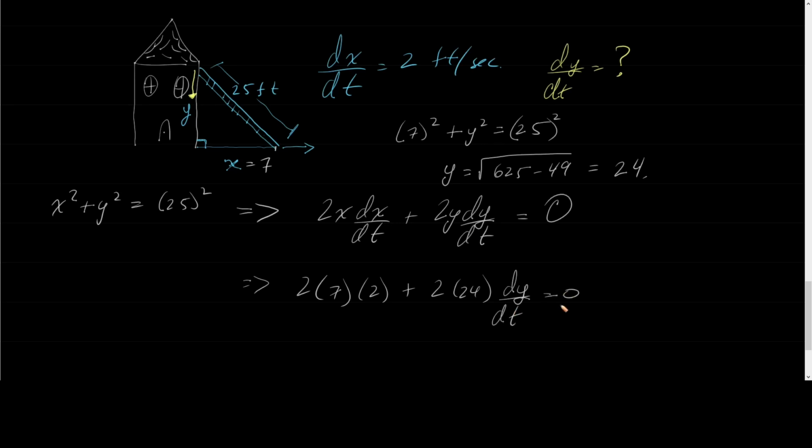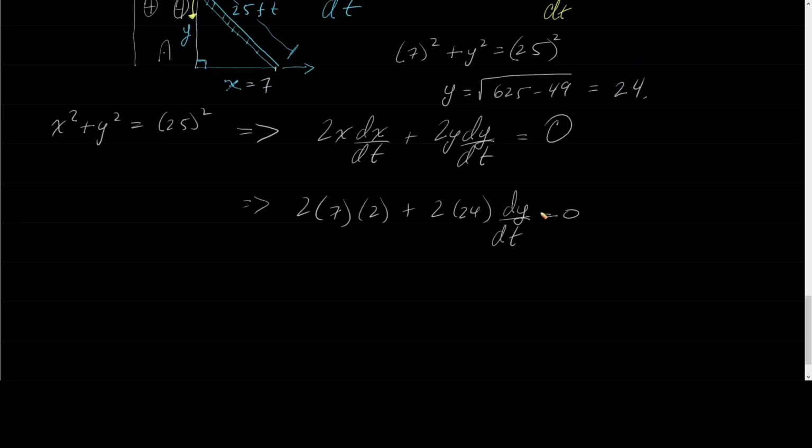So solving for dy/dt, I end up with dy/dt equal to the negative of 2 times 7 times 2 divided by 2 times 24. Moving this to the other side and dividing, these 2s reduce, so I end up with negative 7/12.